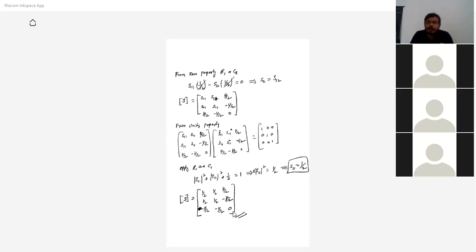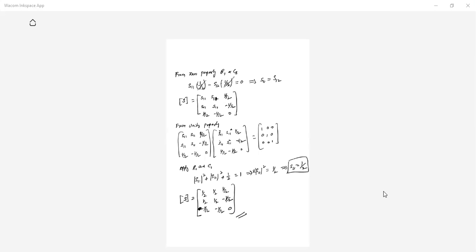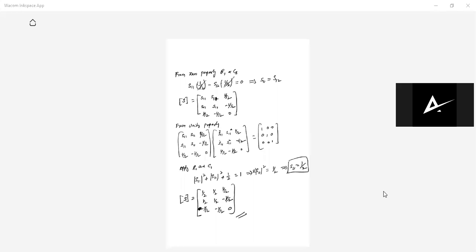Magic T, we already know, is a 4-port device. So what is the matrix size? Anyone? Arun, the matrix size is 4 by 4.